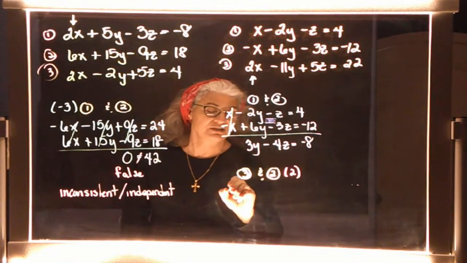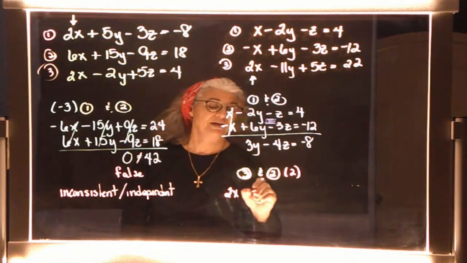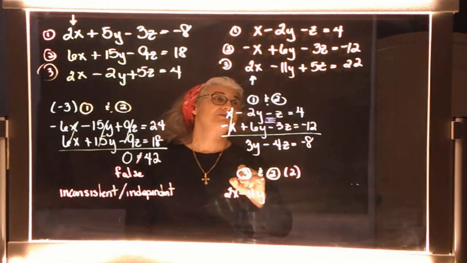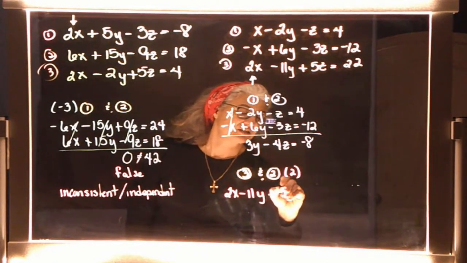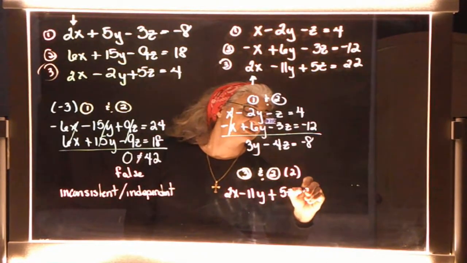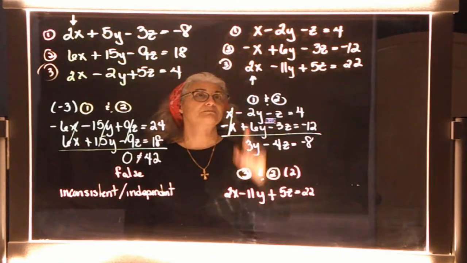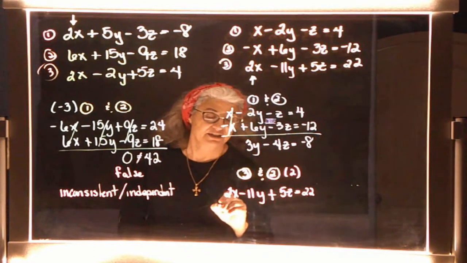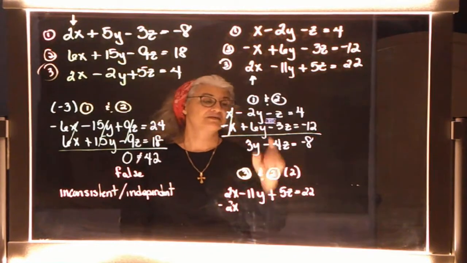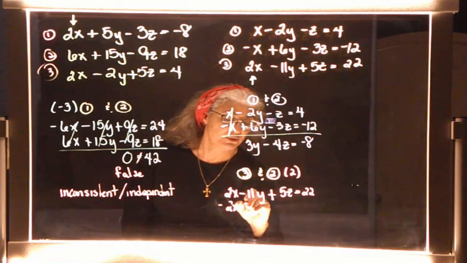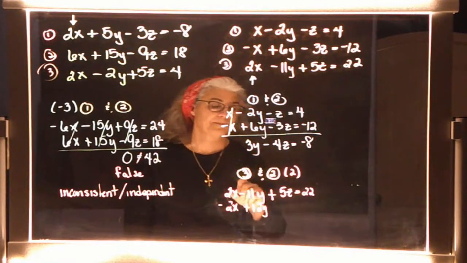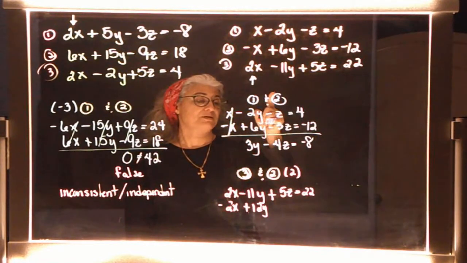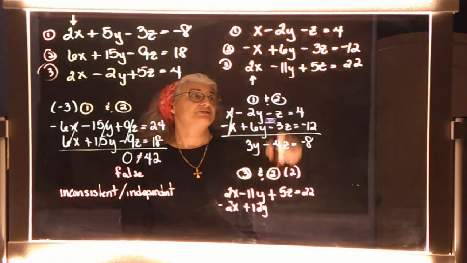So equation 3, 2x minus 11y plus 5z equals 22. Equation 2 times positive 2. Yeah, negative 2x plus 12y. Let's see. I'm sorry. 2 times that.